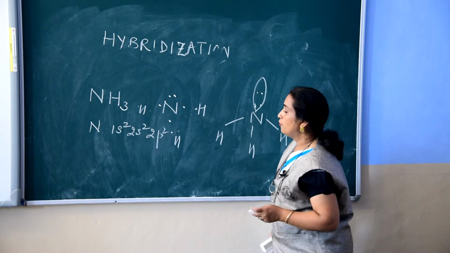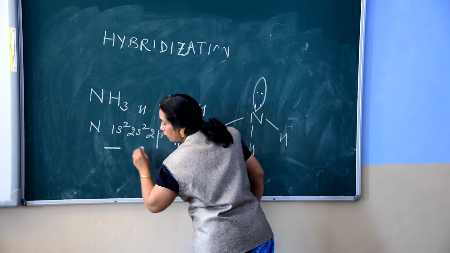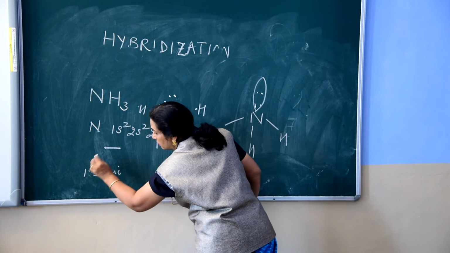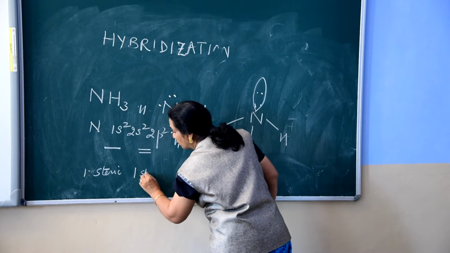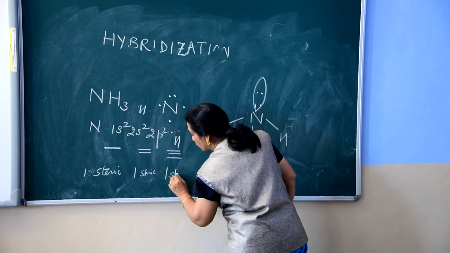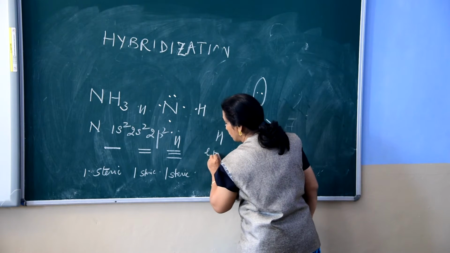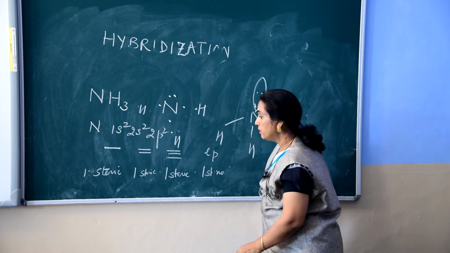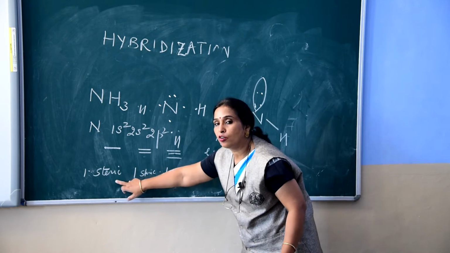For example, a single bond has one steric number, a double bond also contributes one steric number, a triple bond also contributes only one steric number, and a lone pair of electrons also contributes one steric number. That means in this case, 1 sigma, 1 sigma, 1 sigma are contributing.